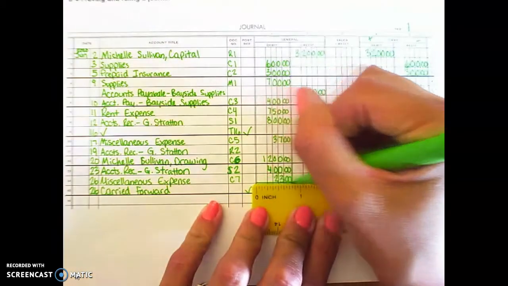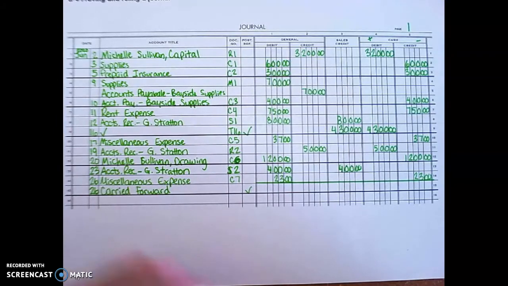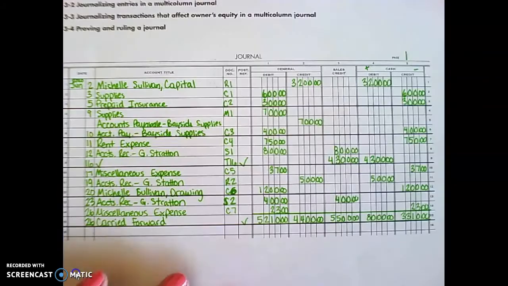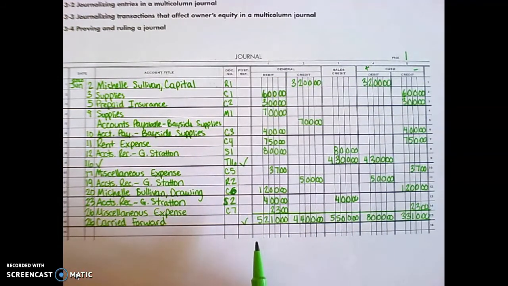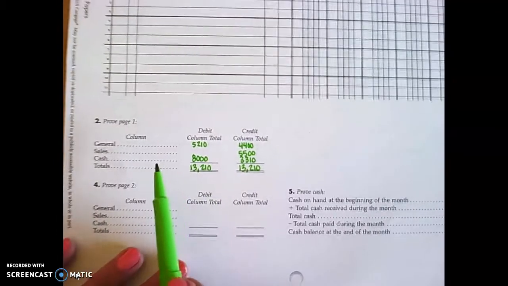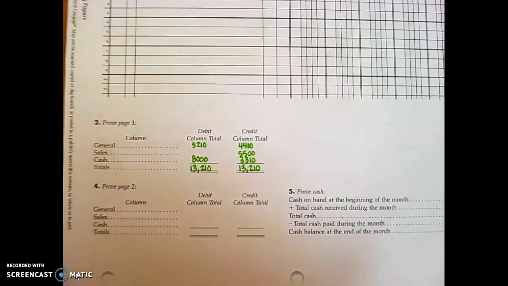We will draw a single rule across, and then we will take our calculators out and add. So I've added up my columns here: 5,210, 4,400, 5,500, 8,000, 3,310. You can also fill this in where you prove page 1, and they will come out to $13,210.